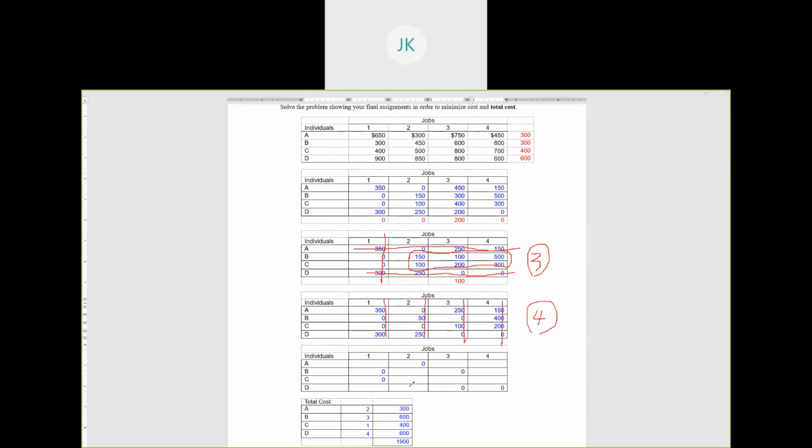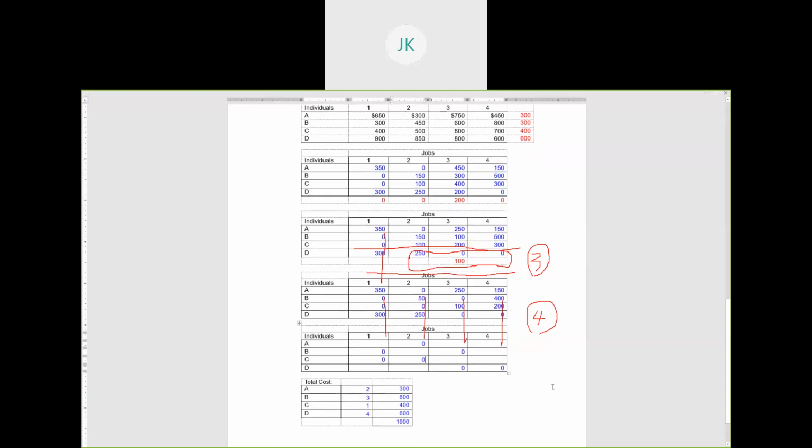But the difference is here: 0, 0, the same, 0 here, but one more 0 here, and 0, 0, the same, 0 here, the same. So assign. I need a pen.